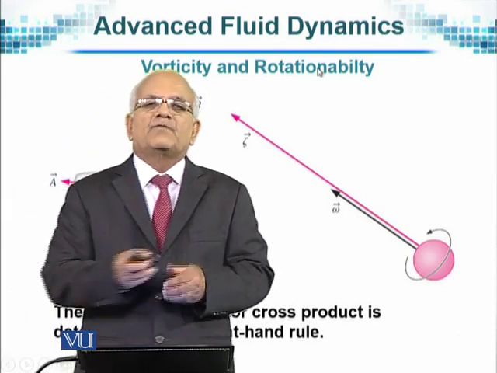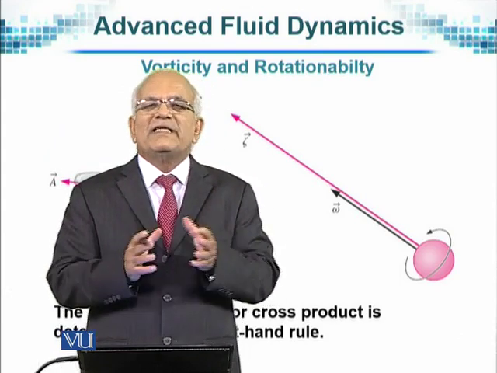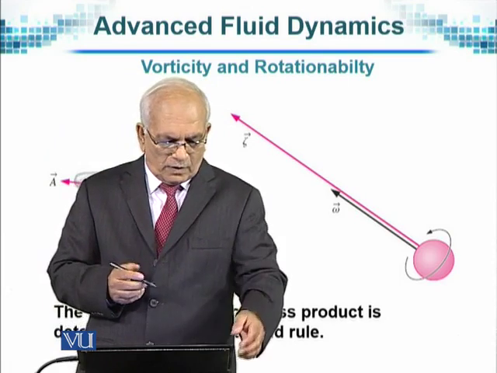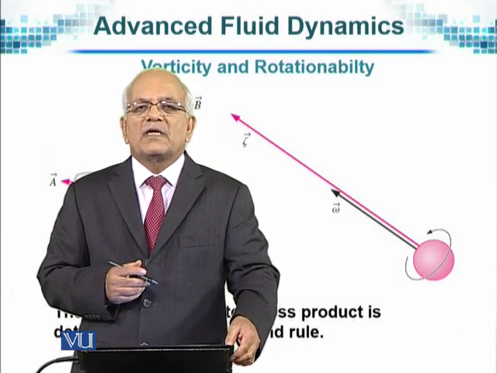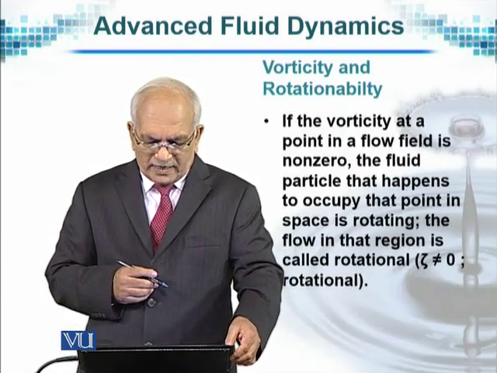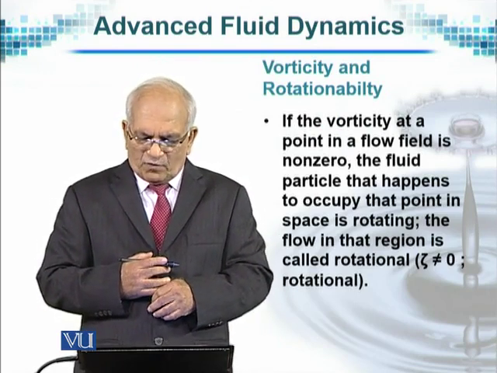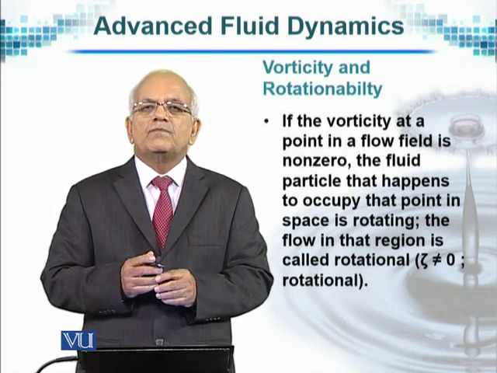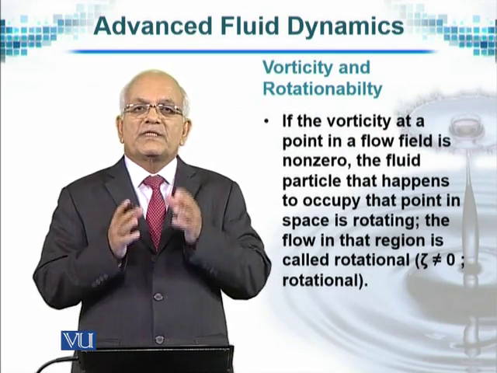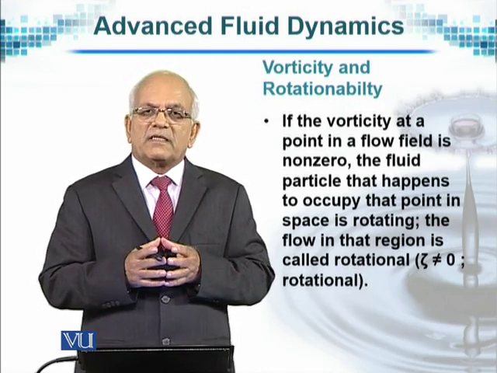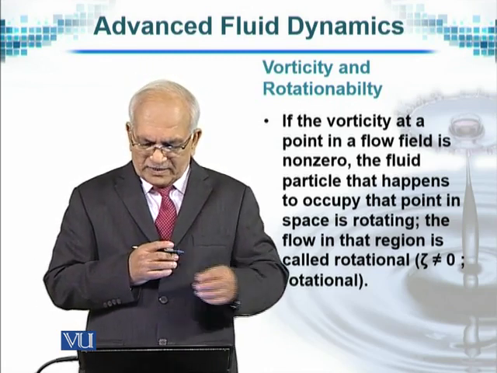And it's very important that we need to know which way the vector will be moving, or the resultant force will be acting. If vorticity at a point in a flow field is non-zero, so obviously that means that a rotation is taking place there.